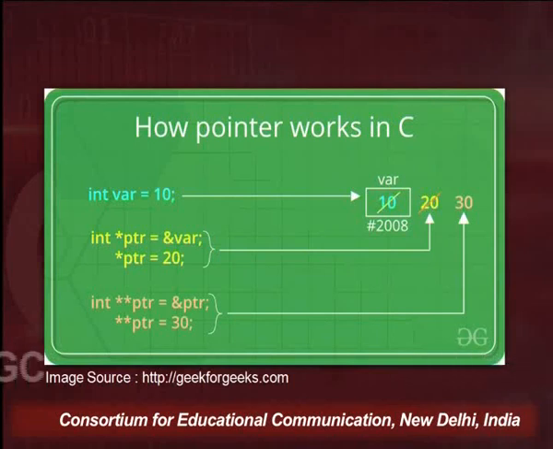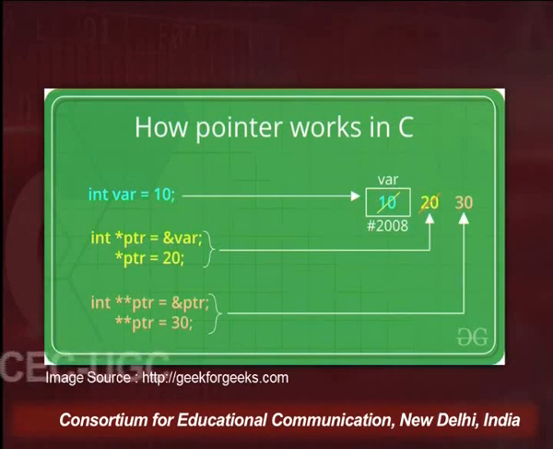The second statement in this code snippet can be divided into individual statements. One says integer asterisk ptr, which is the declaration of the ptr variable, of type pointer, pointing towards an integer.